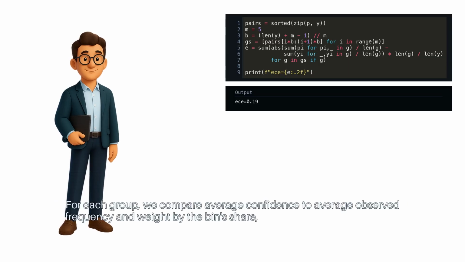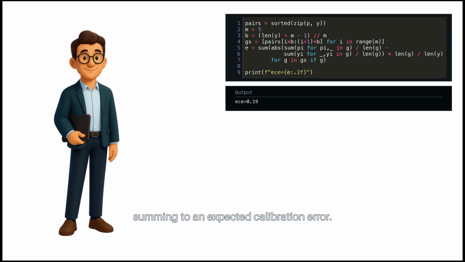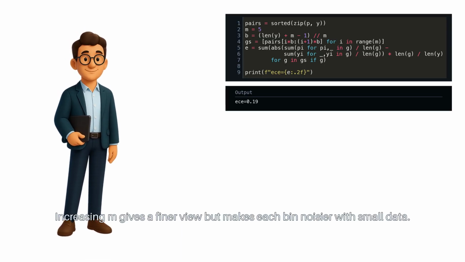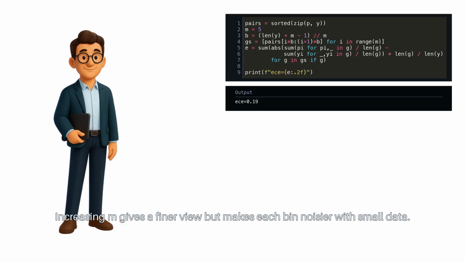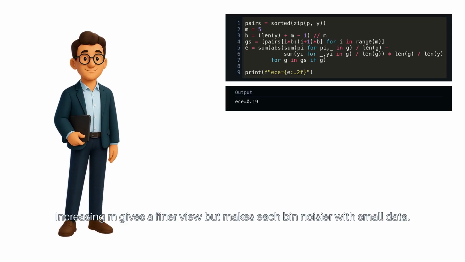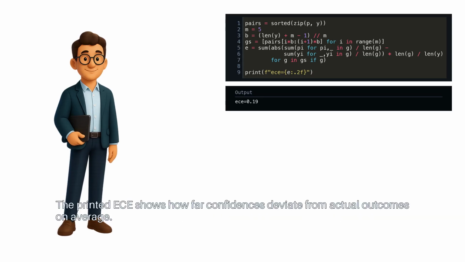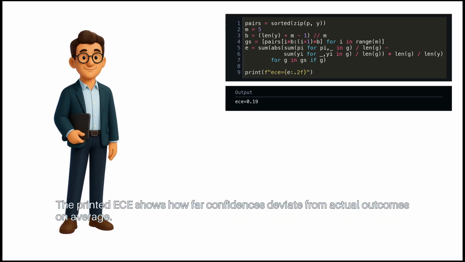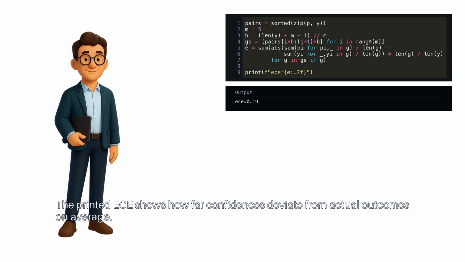For each group, we compare average confidence to average observed frequency and weight by the bin share, summing to an expected calibration error. Increasing M gives a finer view but makes each bin noisier with small data. The printed ECE shows how far confidences deviate from actual outcomes on average.